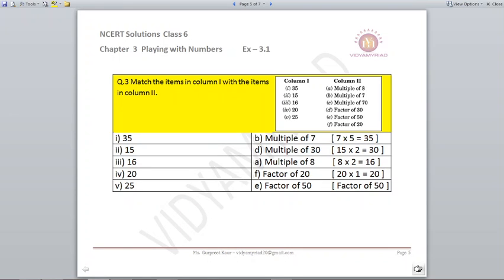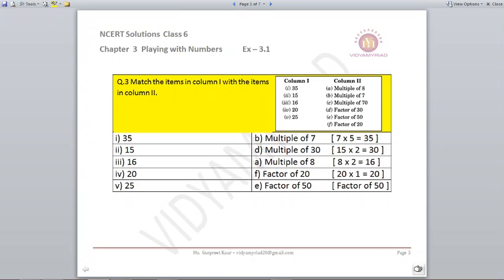Next, match the items in column 1 and column 2. Now here you are given column 1 as 35, 15, 16, 20 and 25. In column 2 you are given multiples and factors. So let us match them. So 35 will go on what table or on what number? Is it a multiple of 8, 7, 70 or what?